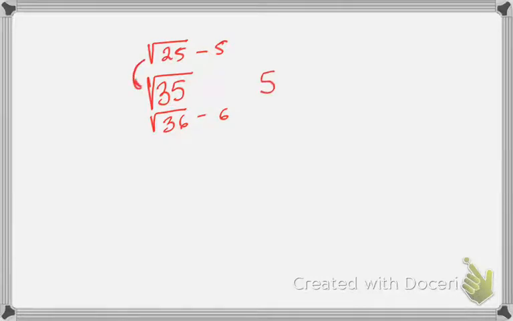And you take the difference, 35 minus 25, and then you put it over 36 minus 25. So we end up with 10 over 11.